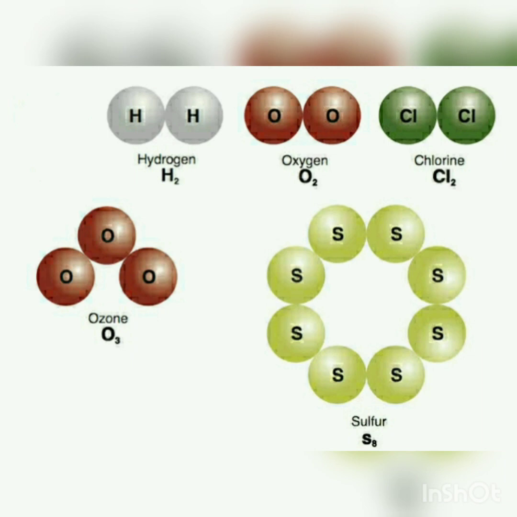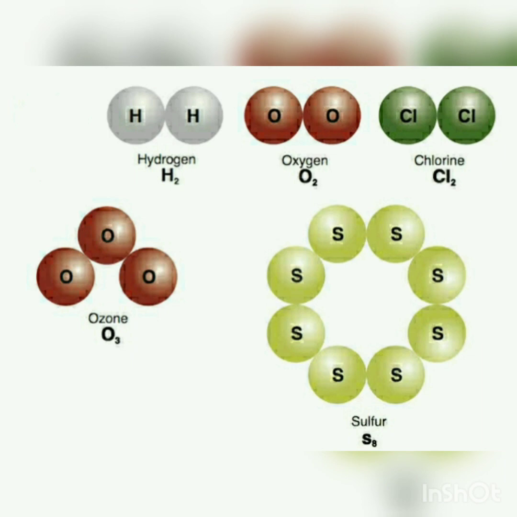And if we talk of chlorine gas, the molecular formula is Cl2, which means two atoms of chlorine are bonded together. Hence, when two or more atoms of the same kind combine together to make a molecule, the molecule is of an element.